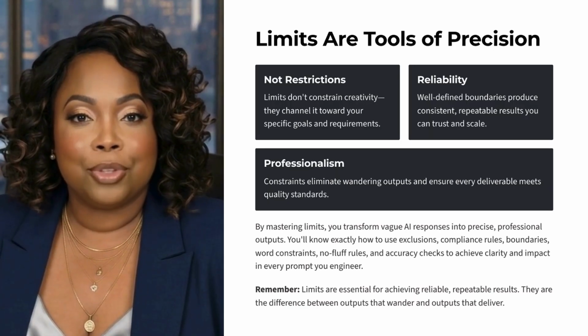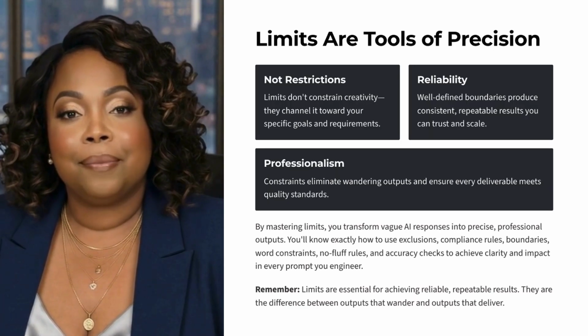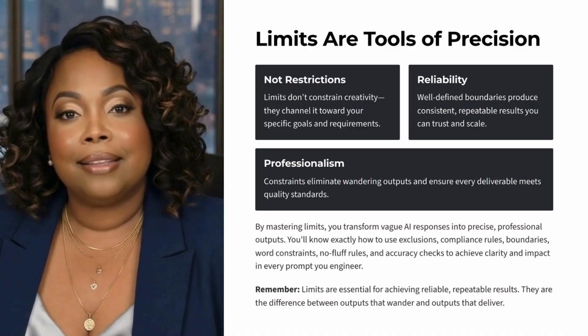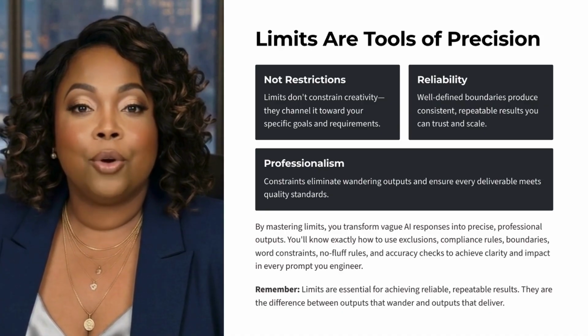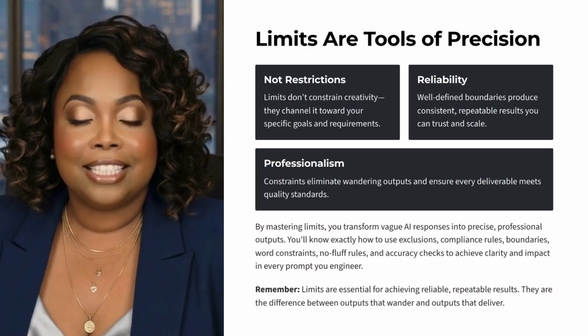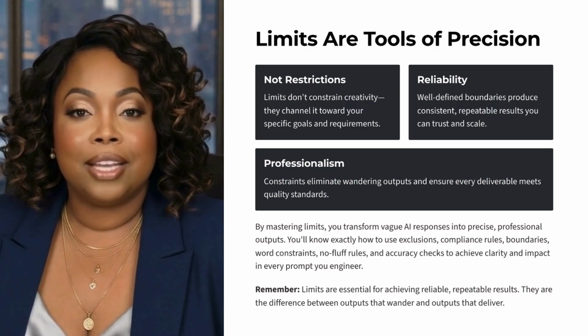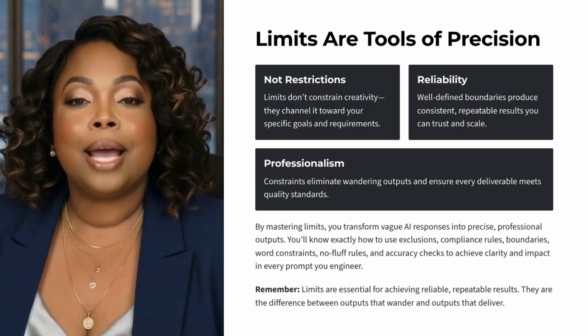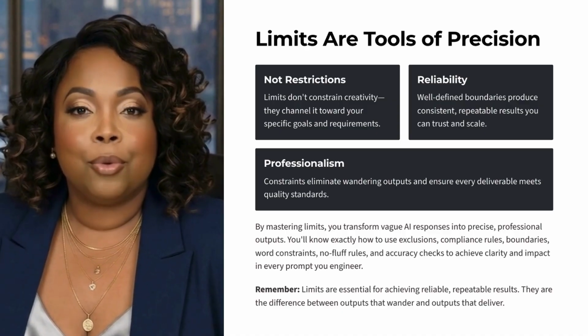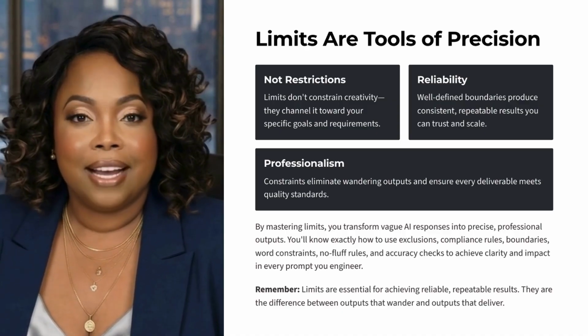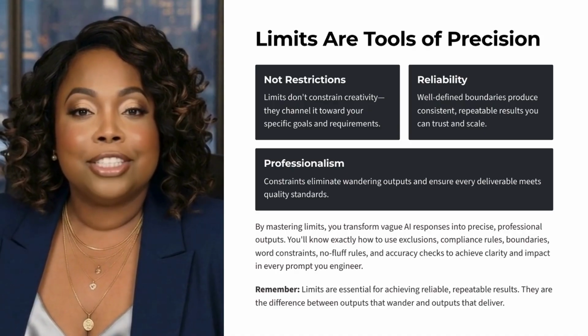Limits are tools of precision, not restrictions. They don't constrain creativity. They channel it toward the specific goals and requirements of your task. Limits also support reliability. Well-defined boundaries produce consistent, repeatable results you can trust and scale, and limits reinforce professionalism.